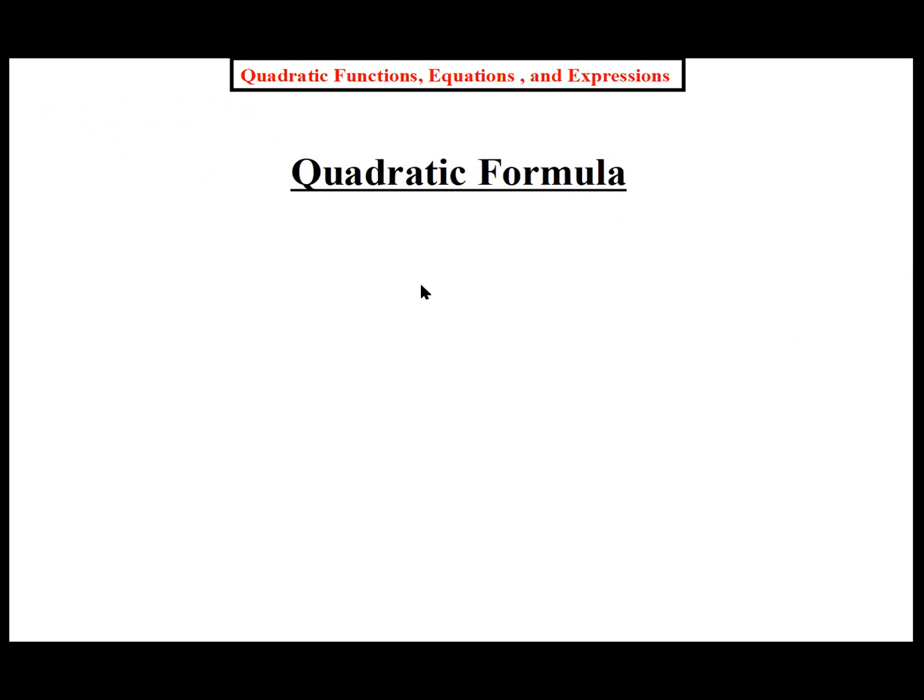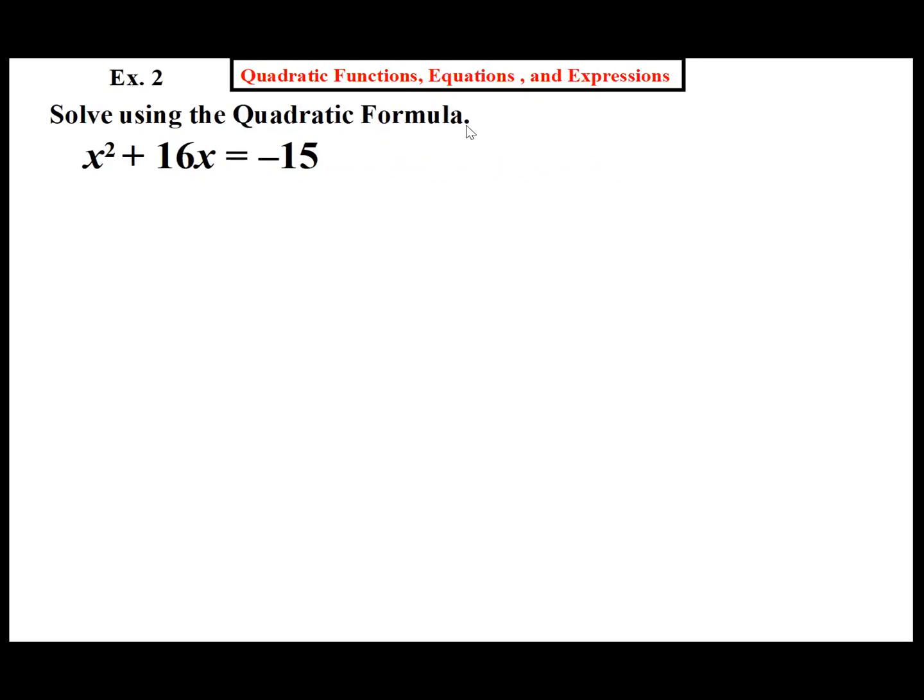You guys remember the quadratic formula? x equals minus b plus or minus the square root of b squared minus 4ac, over 2a. So I gave you a problem where we can use the quadratic formula. For example, number 2 said solve using quadratic formula, and I gave you x squared plus 16x equals negative 15.